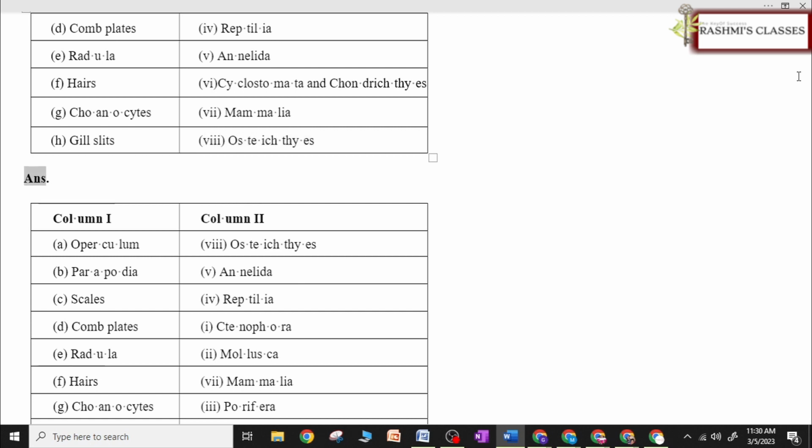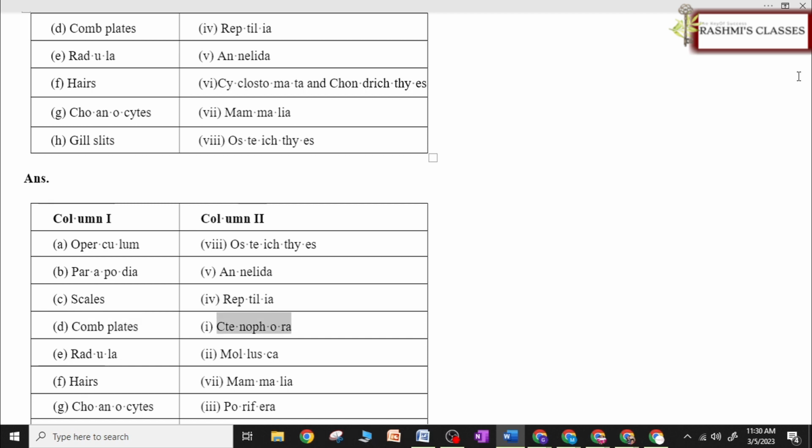ANS. Column 1, Column 2. A. Operculum, 8. Osteichthyes. B. Parapodia, 5. Annelida. C. Scales, 4. Reptilia. D. Comb plates, 1.